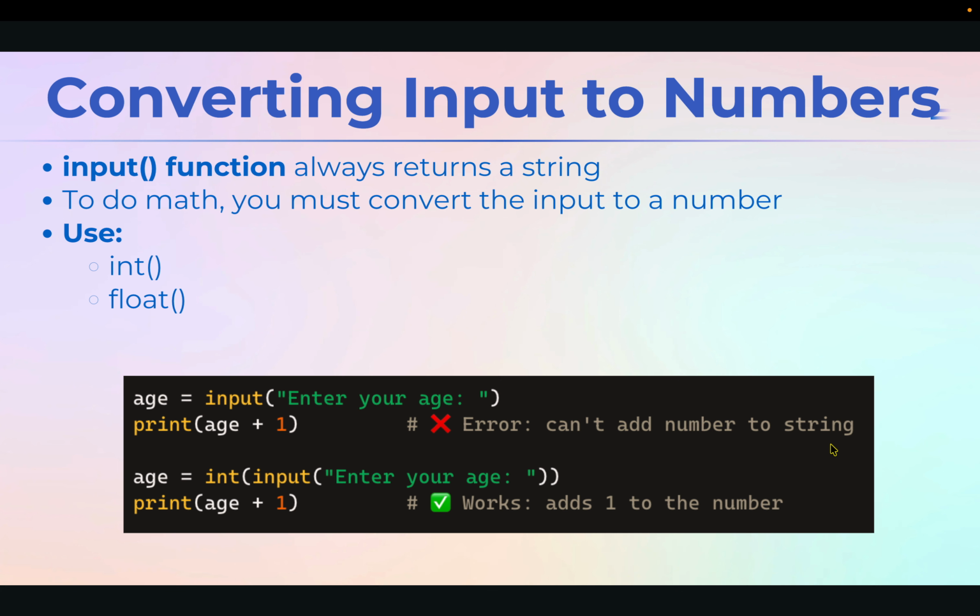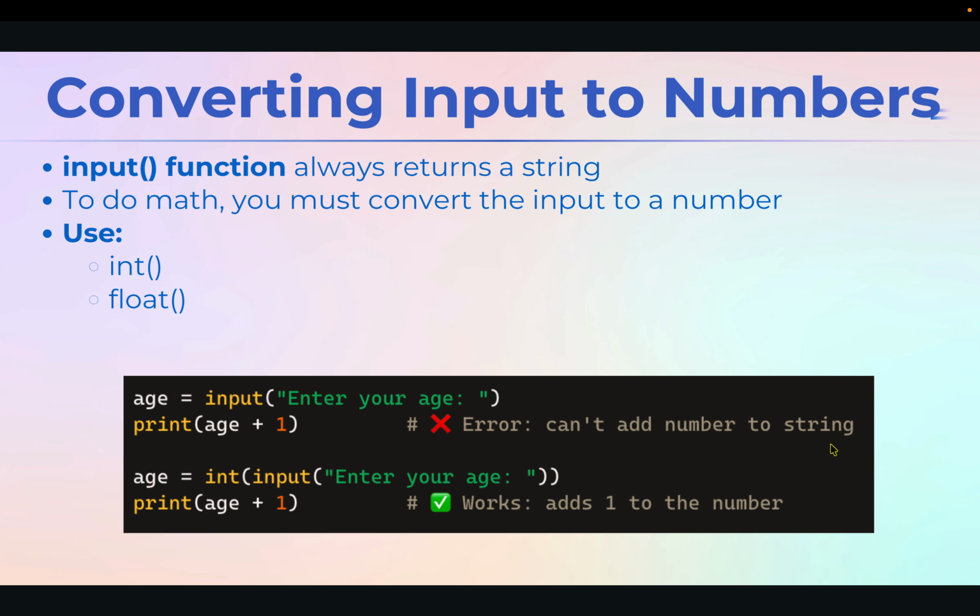For example, if the user entered their age as 18, what the print statement is saying is print 18, which will be considered text. So it would be a string. So you're saying add a sentence plus 1. You can't add a sentence plus 1. That would cause an error.